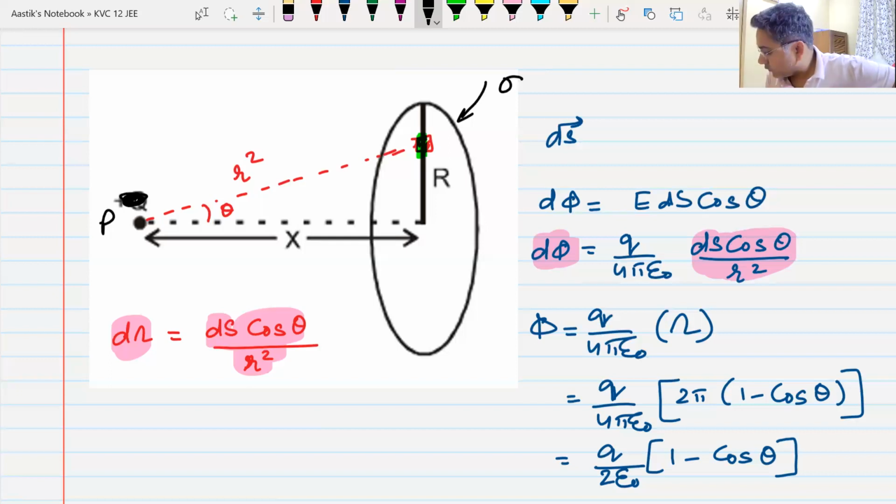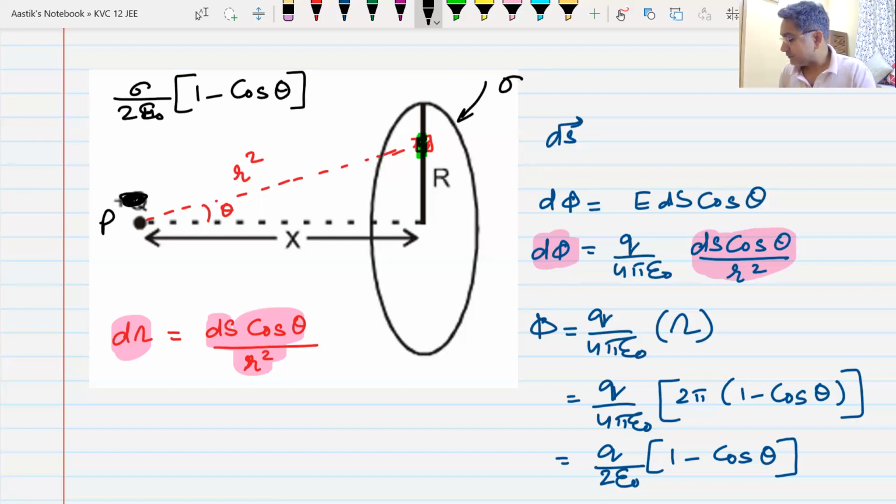Sigma by 2 epsilon naught into 1 minus cos theta. Does it sound familiar?